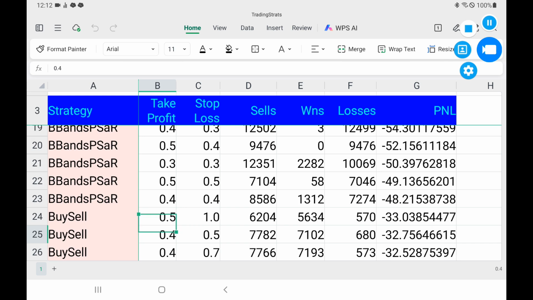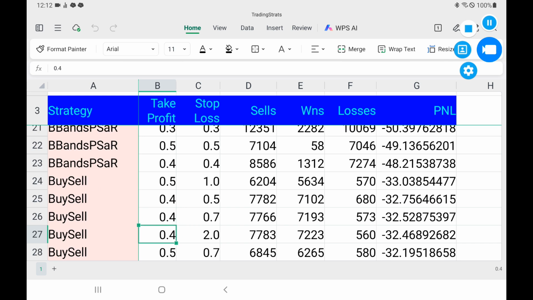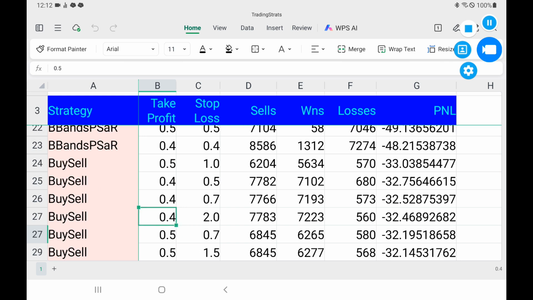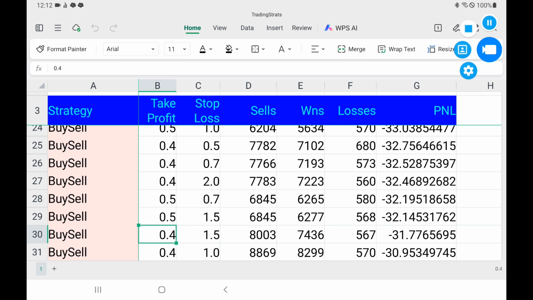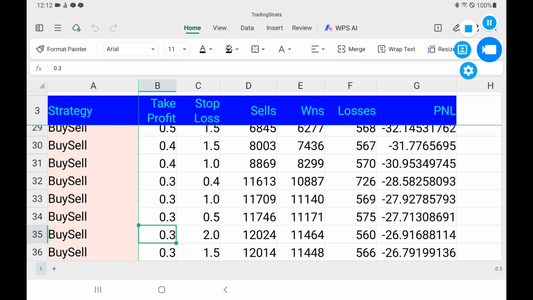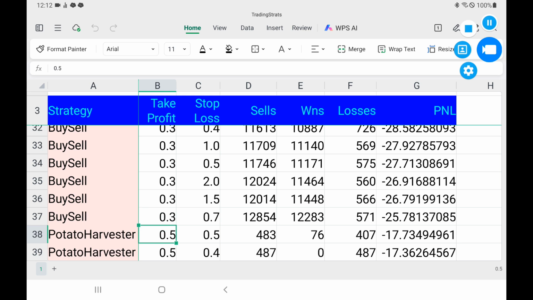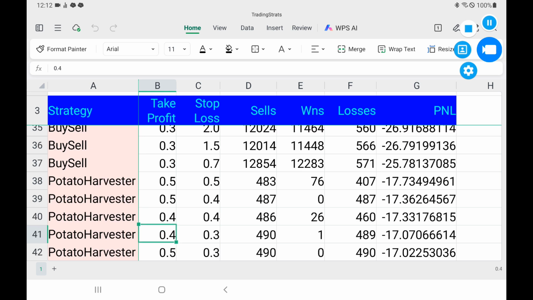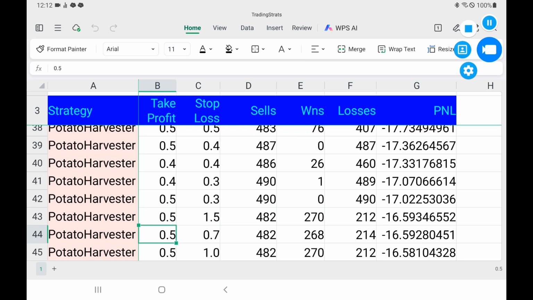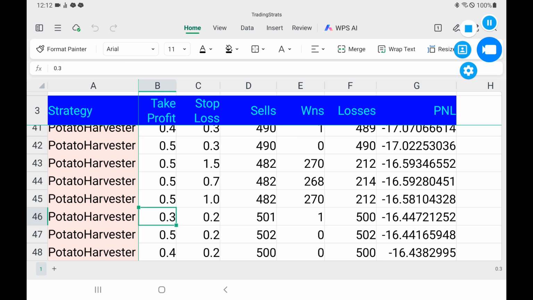So let's continue through the various stages, and we can see buy and sell is just bad all the way around. Now, potato harvester is usually a very profitable strategy. It's a very unique strategy, and it is, of course, available to subscribers, but it just does horribly on this particular asset.